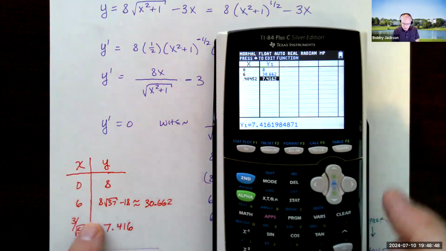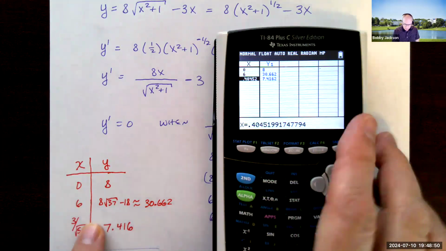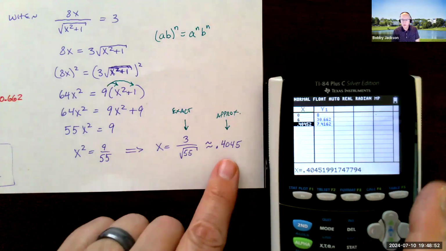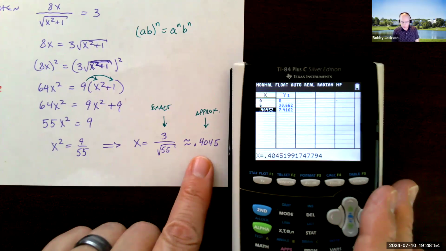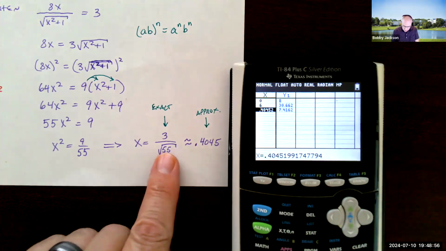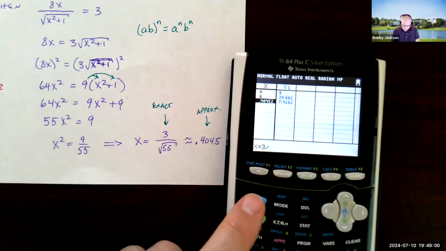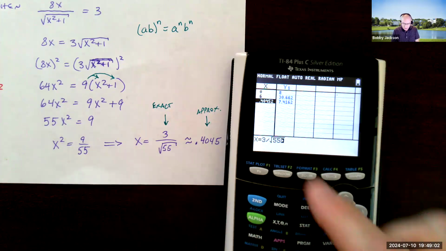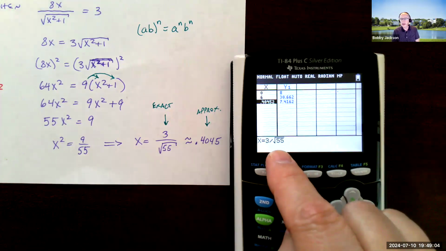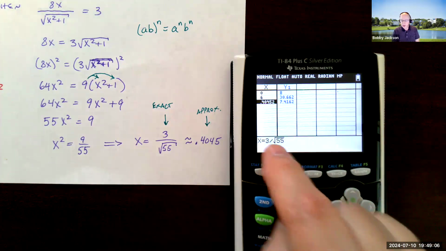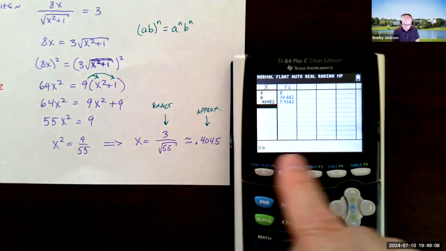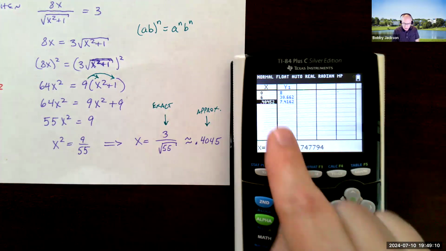And then how did I get that point? Notice it's not the rounded value here, 0.4045. What I actually do is type in 3, right? Notice it's down here, divided by the square root of 55. I'm actually going to type that in, right, into there. Now, when I hit enter, watch what happens. It gives you the decimal equivalent of that.